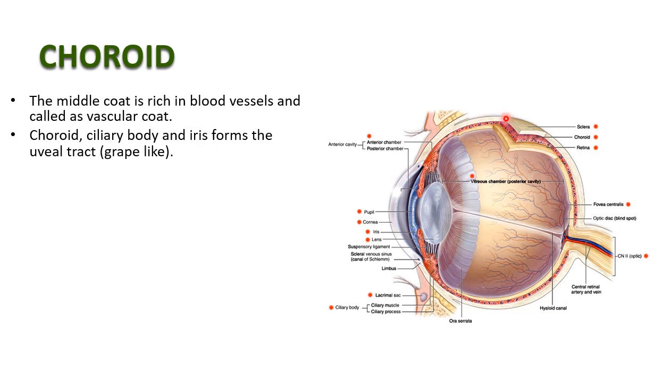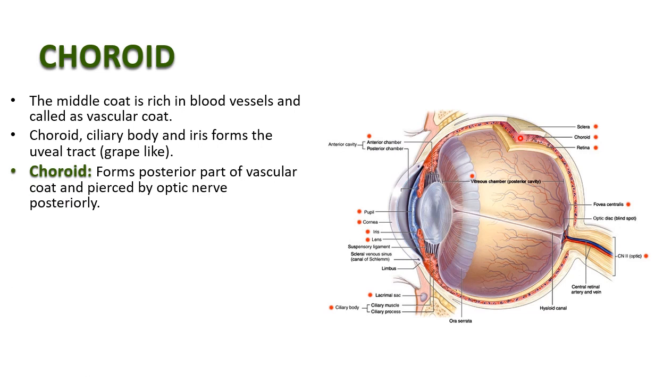The middle layer mainly consists of the choroid, and anteriorly you see the ciliary body and the iris. These three mainly form the uveal tract, and the choroid is sandwiched between the sclera and, internally, the retina, separated from the sclera by the suprachoroidal lamina.